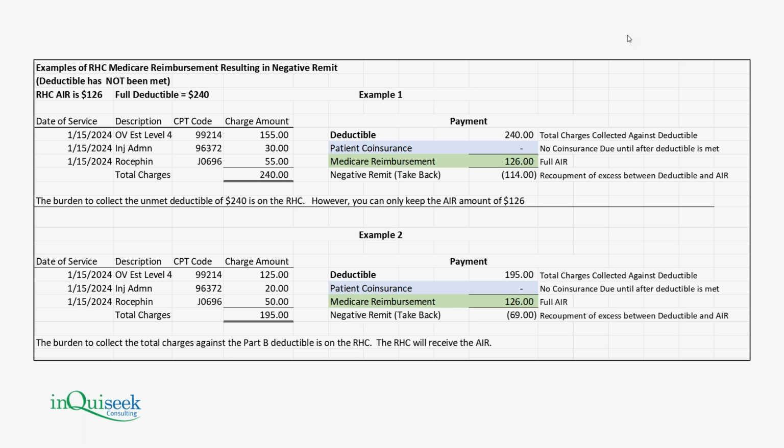In our second example, also the deductible has not been met, but our charges are only $195. These are the same exact services at different charge amounts. I'm not suggesting any specific charge amounts. I'm just trying to illustrate that the amount of your charges does directly affect the deductible amounts and the coinsurance amounts for the visit.